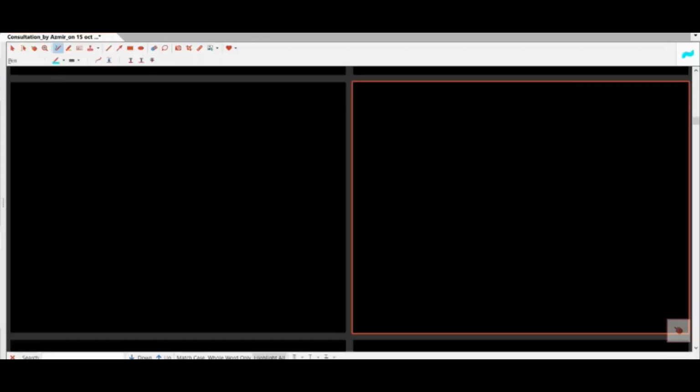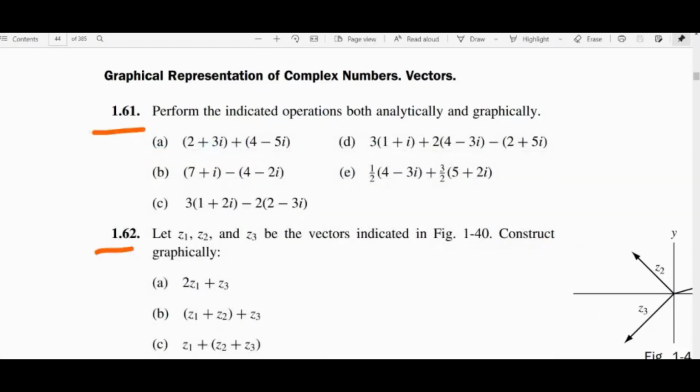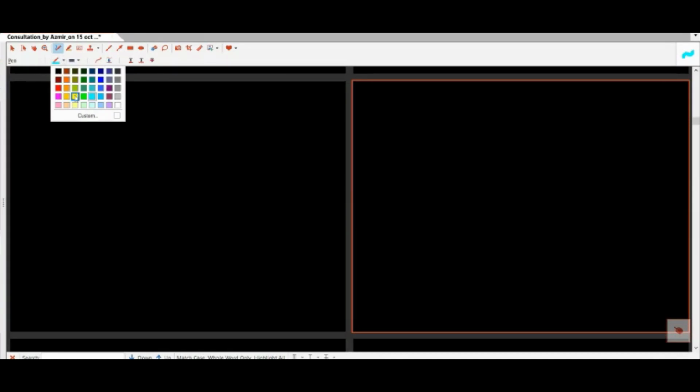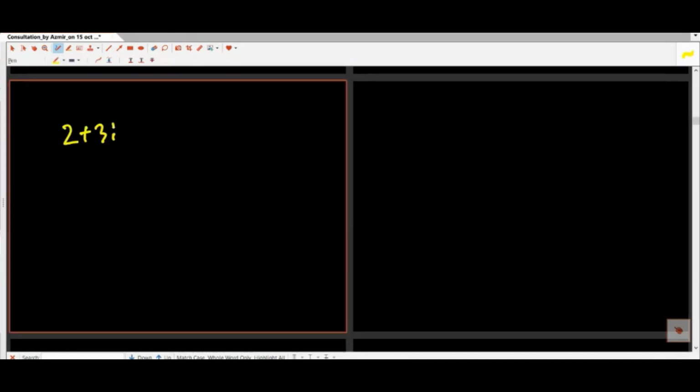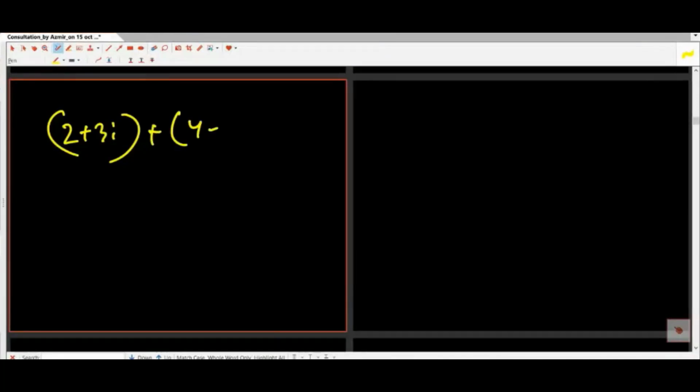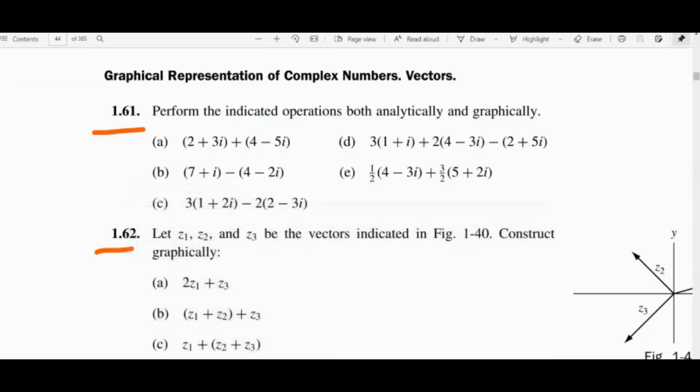We are going to add two complex numbers, and we want to take the geometrical figure from this. Let's say we are adding 2 + 3i plus 4 - 5i.